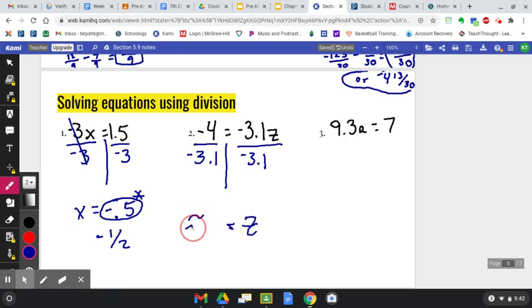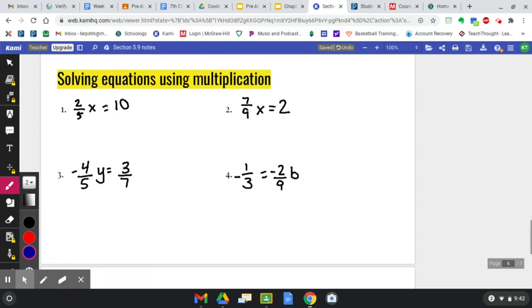So we're going to round that approximately 1.3. Number 3, it's 9.3 times my variable, so I'm going to divide both sides by 9.3. And we should get, calculators say 0.75, depending on how they tell you to round that. If they say round to the nearest tenth, we would say 0.8.